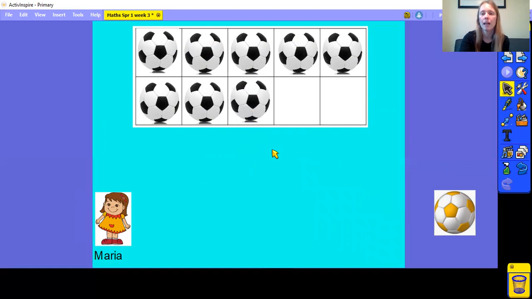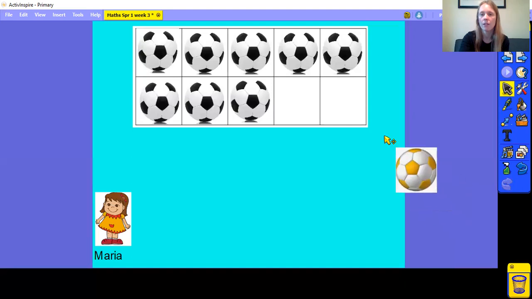First, Maria had 8 footballs. Then she added 1 more football. Now how many footballs does Maria have? Let's count them all to find out. 1, 2, 3, 4, 5, 6, 7, 8, 9. Now Maria has 9 footballs altogether.